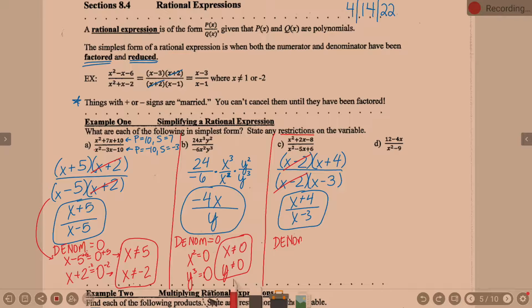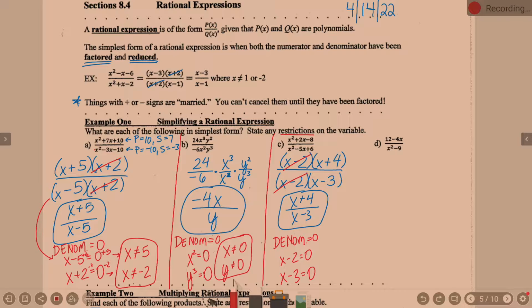I don't care about the numerator, but anything that ever was or is in the denominator. What was in my denominator? X minus 2, x minus 3. So it'll never be the new, simplified one.